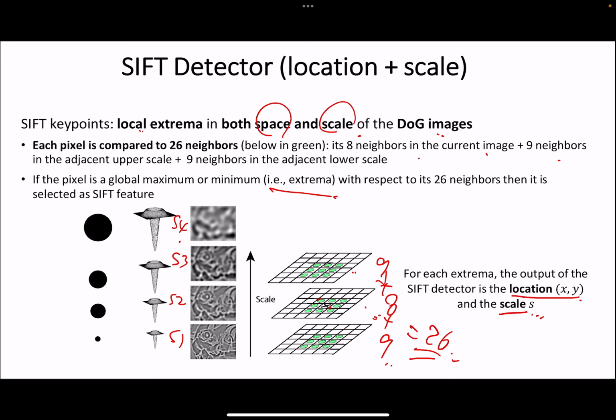If this pixel is the extrema locally, comparing 26 neighbors, then we can save this pixel's position and scale S2. This is how we compare each pixel with the 26 neighbors, and get the position and scale information of that pixel.